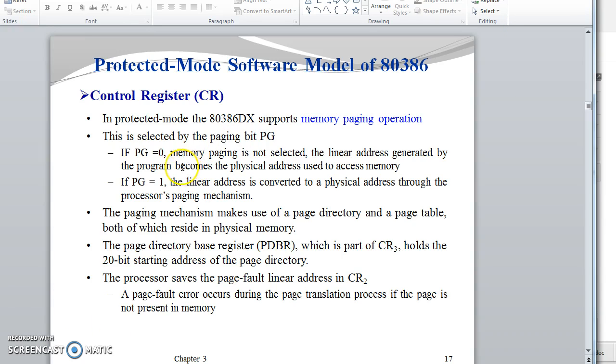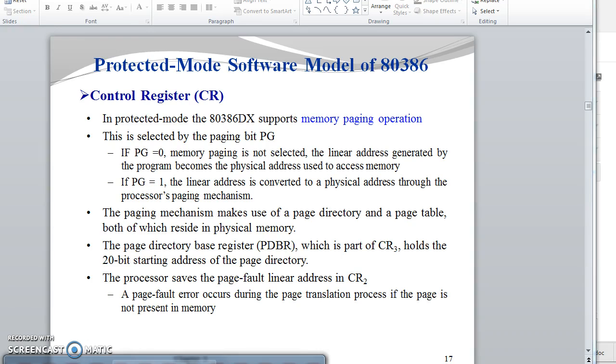As mentioned in the slide, if we set PG to 0, memory paging is not selected. But if we set PG to 1, this will enable the processor paging mechanism.